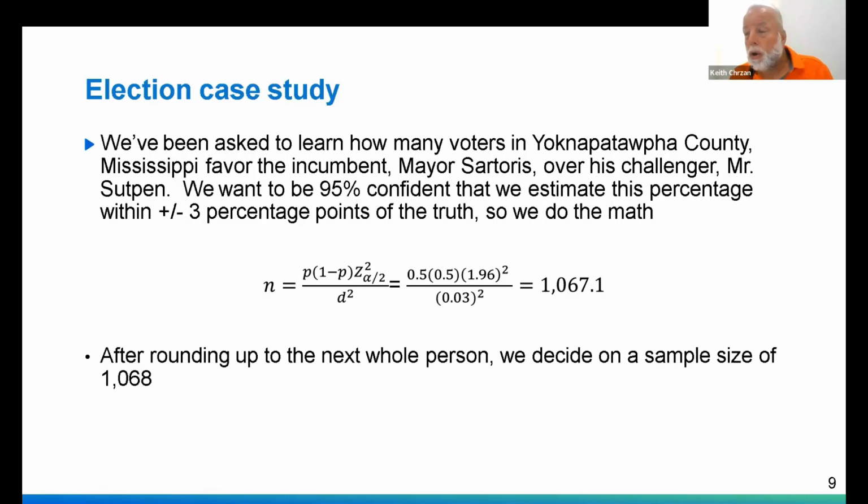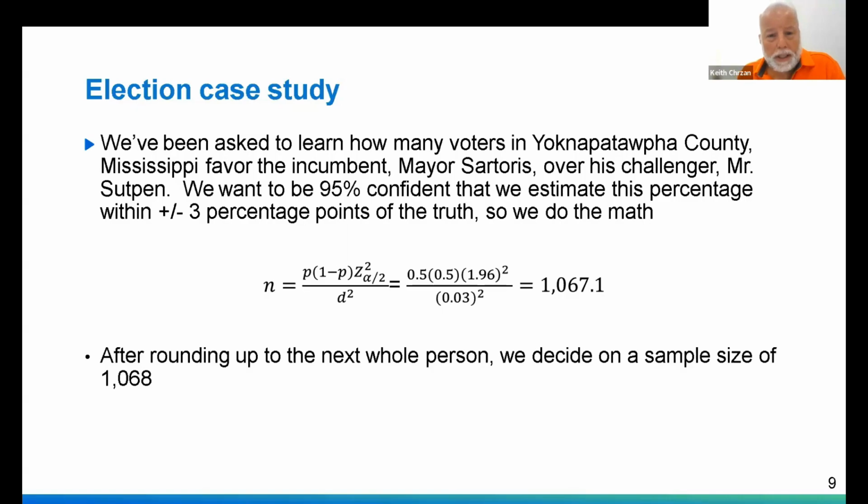We don't really know what proportion of people prefers the mayor to the challenger. So we just put in a 0.5 there, and 1 minus that proportion is again 0.5. If we want to be 95% confident, you probably remember from your stats class that's measured by a z value of 1.96.